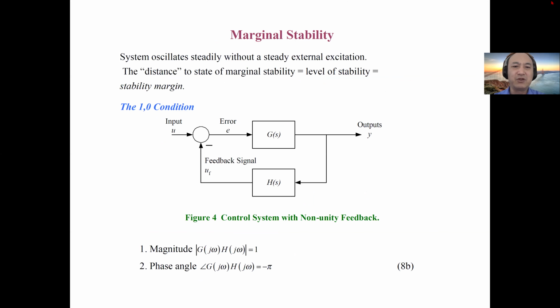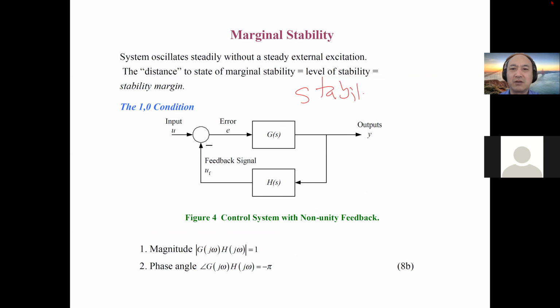I'm going to talk about a very important concept in here. It's called marginal stability, or margin of stability, or stability margin. Although the system is working and stable, we should think about stable versus stable being different, because of how far away I am from the unstable boundary.